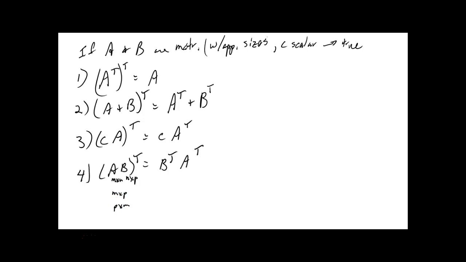Now, if you tried to do A transpose B transpose, that would be N by M times P by N. Guess what? You can't even multiply those at all. So what happens here? What would the size of B transpose be?